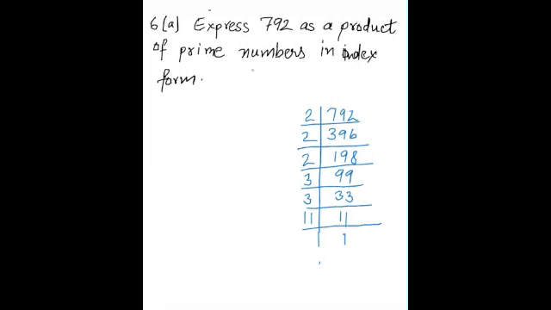So the product of prime numbers of 792 is: 792 is equal to 2 times 2 times 2 times 3 times 3 times 11, and that's your answer.